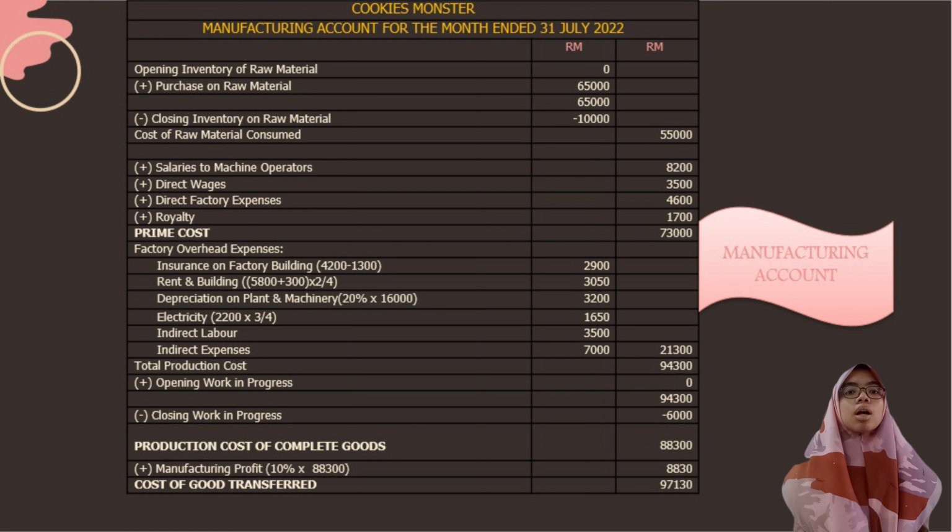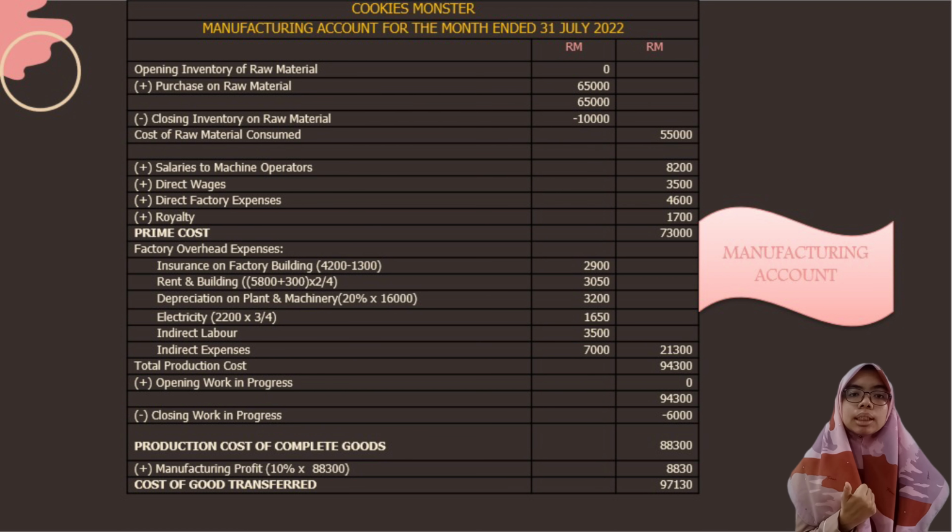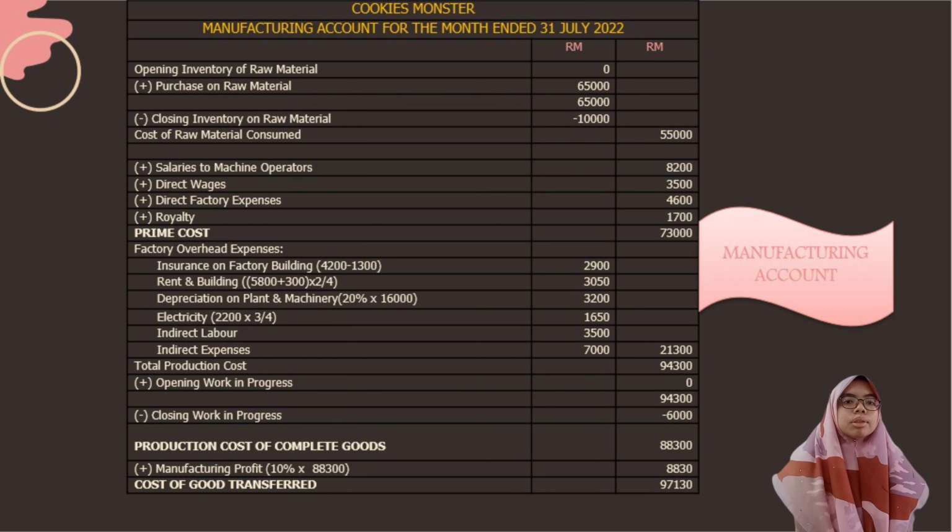We add all of our factory overhead expenses, which are insurance on factory building, rent and building, depreciation on plant and machinery, electricity, indirect labor, and indirect expenses. Moreover, we take our total production minus closing work in progress to get the total production cost of finished goods.